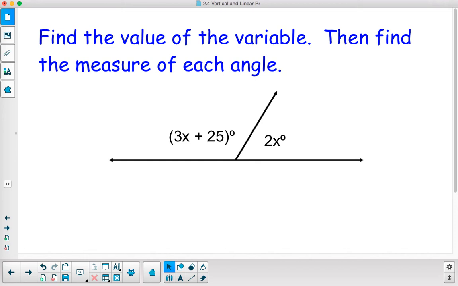Would the side that's not hooking them together, would those two make a complete straight line? Yes. We have a linear pair of angles here. So these two angles will be supplementary, which means they add up to 180 degrees. So that's how you're going to write your equation. You're going to add those up, set it equal to 180 degrees.